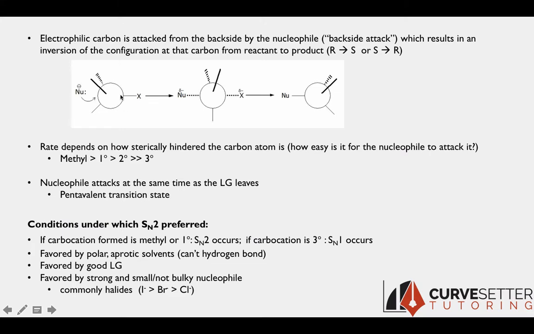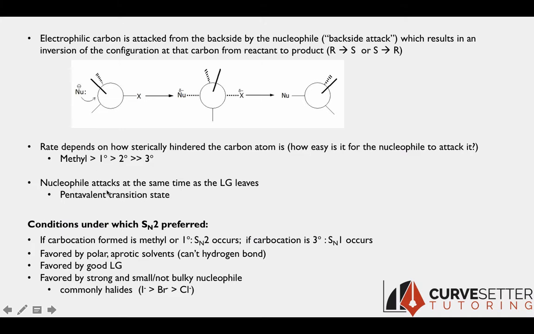Whereas tertiary, meaning the carbon is bound to 3 alkyl groups and the leaving group, would be so slow that it wouldn't occur via SN2. We know that tertiary always occurs via SN1, and methyl and primary always occur via SN2.